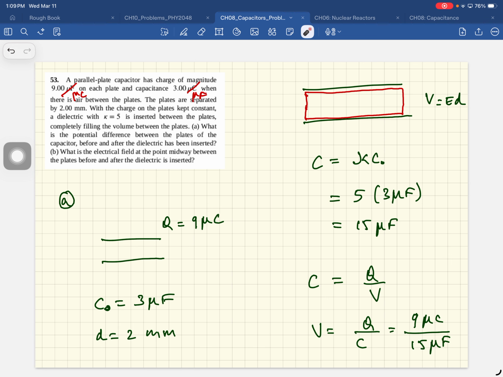Okay. What is the electric field at the point midway between the plates before and after the dielectric is inserted? And we've said that when you insert the dielectric, it reduces the field, and we're going to show that to you now.